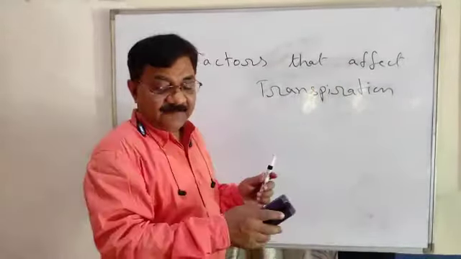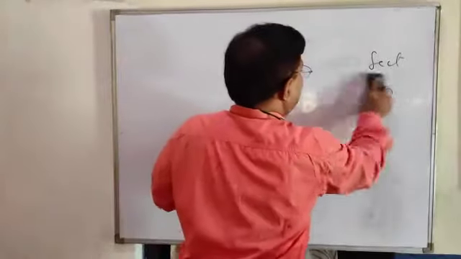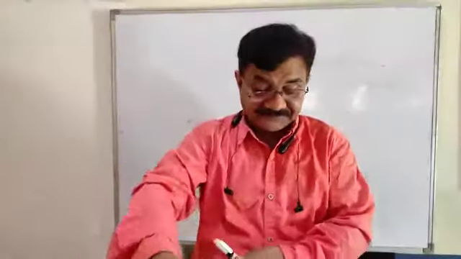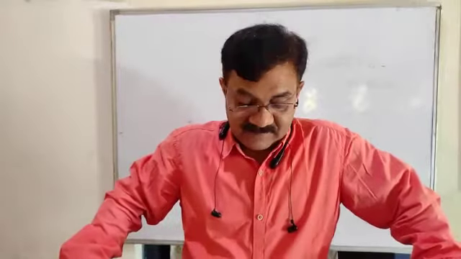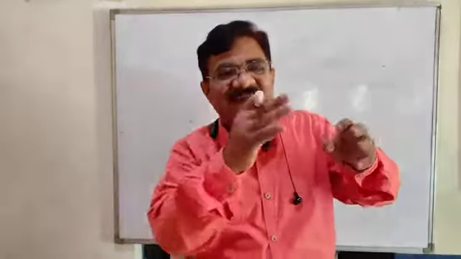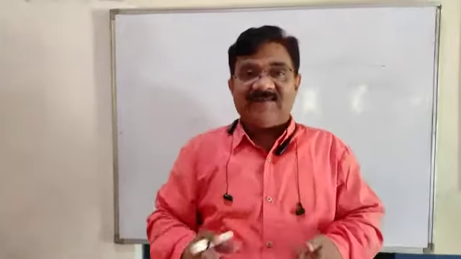Next part, adaptation of plants. Adaptation of plants means modification in the plant for what? To reduce excessive transpiration. Some plants have sunken stomata. The stomata are sunken, and this example is very important in your examination.